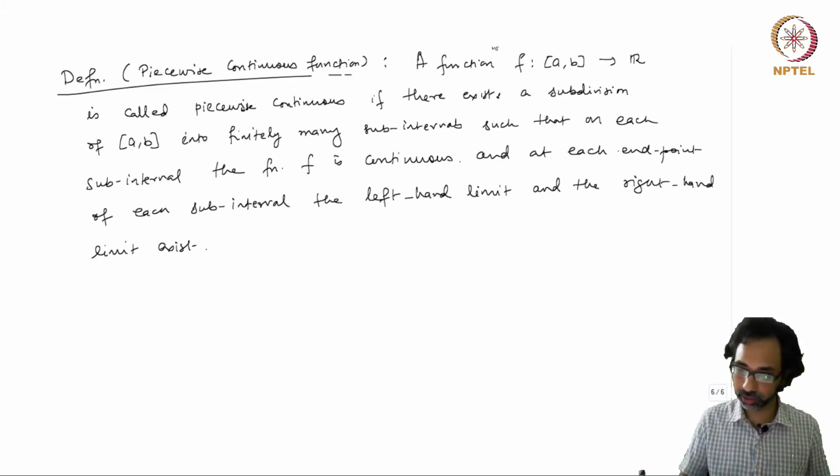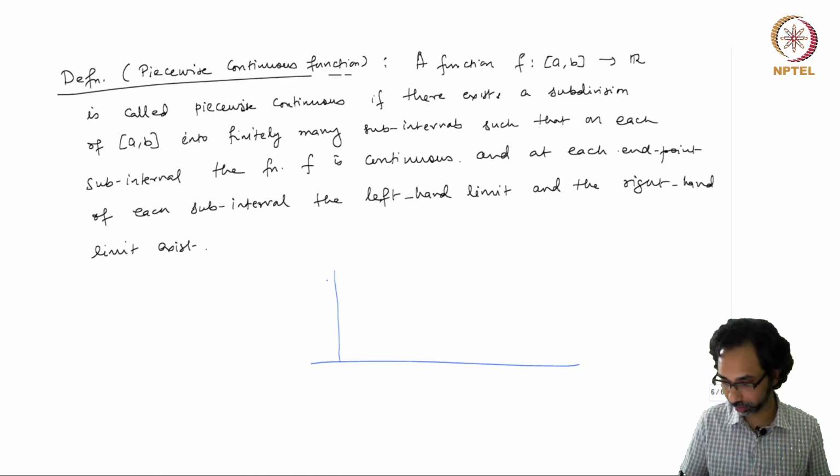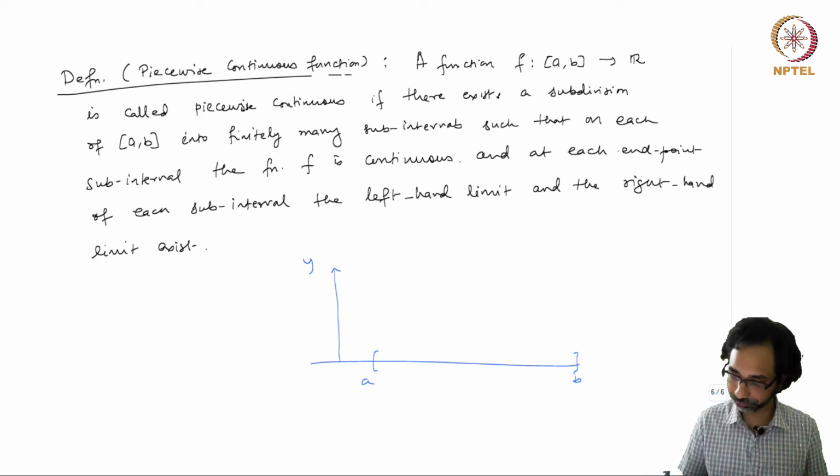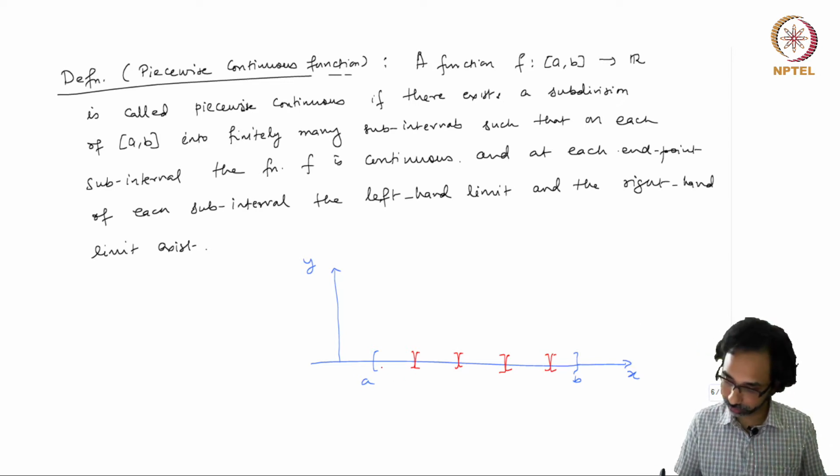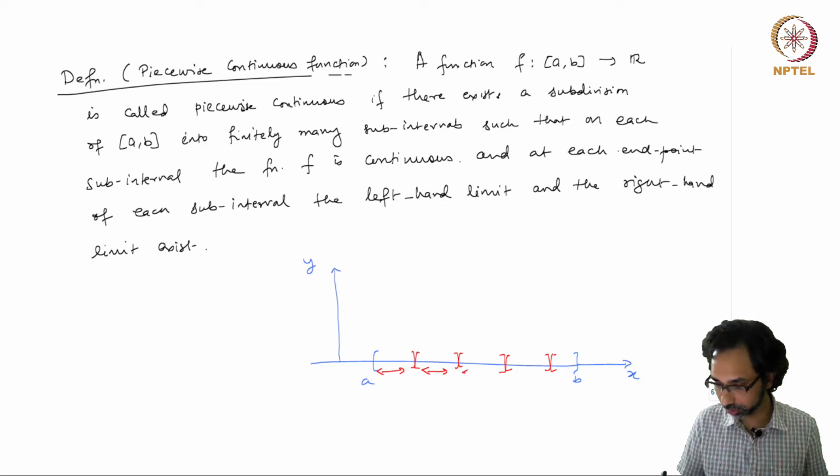So we have already seen an example, so let me redraw. So this is our a, this is our b. So if we can divide this interval [a, b] into finitely many pieces like this, so each such subinterval is a part of the subdivision.